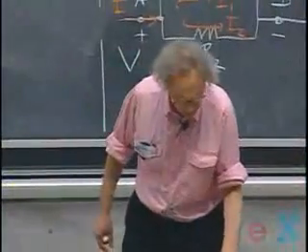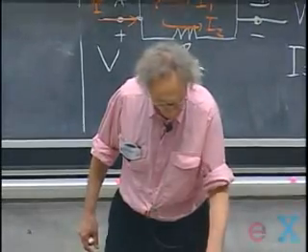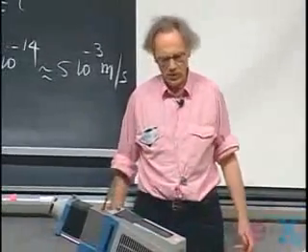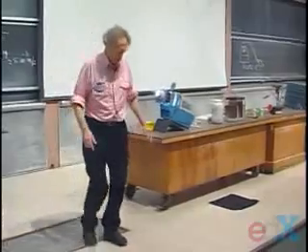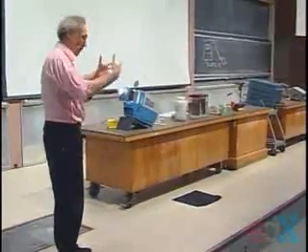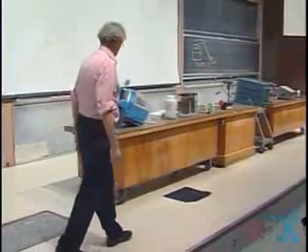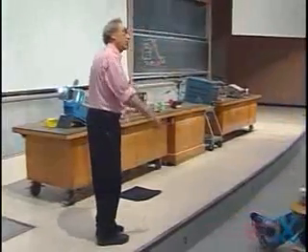I want to demonstrate that to you: even with my shoes on, with my 2 billion ohm resistance to the ground, it will be very difficult for me to keep charge on an electroscope. I'm going to put charge on this electroscope by scuffing my feet. But since I have my shoes on and I'm not standing on a glass plate, the charge will flow through me.